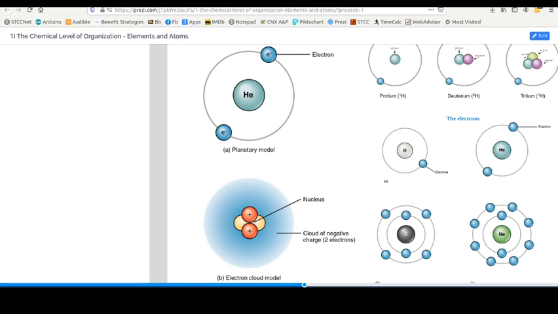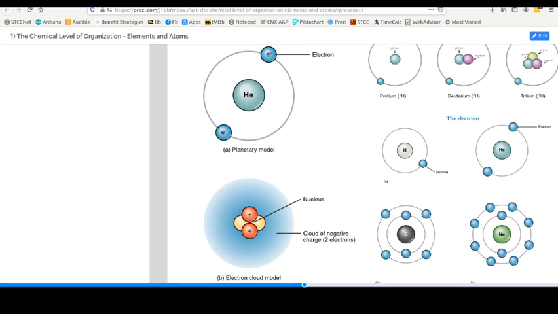The planetary model represents electrons orbiting around the nucleus like planets orbiting around the sun. The electron cloud model represents electrons being found within some space like a cloud around the nucleus. Now, both of these have some shortcomings, and if you were to go to a chemist and ask how they model what an atom looks like, neither of these really do justice to what chemistry is interested in.